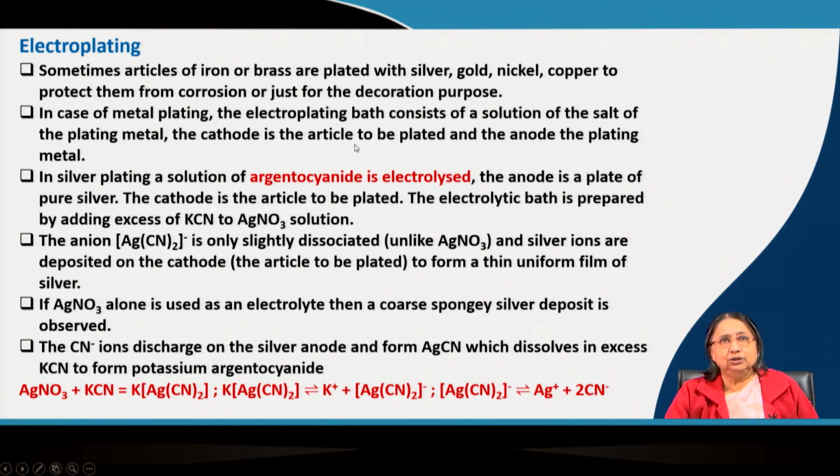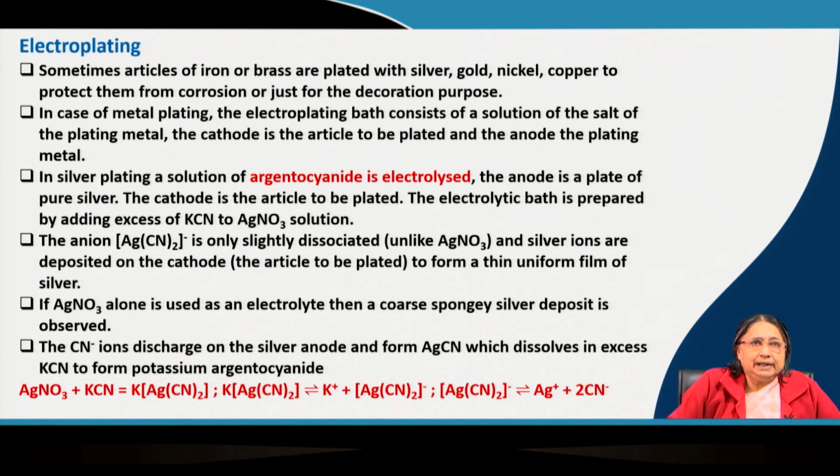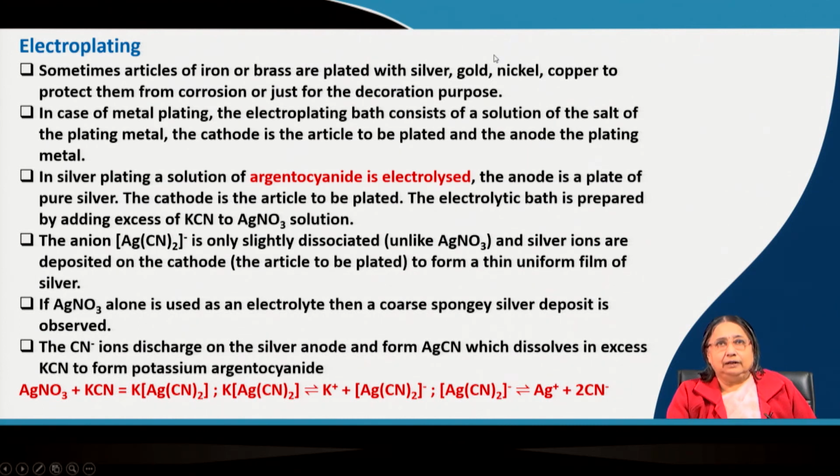What is the cathode? It is the article to be plated, on which you want to plate the silver or gold. And the anode is the plating metal. That means if you want silver plating or gold plating, then the anode will be that metal.